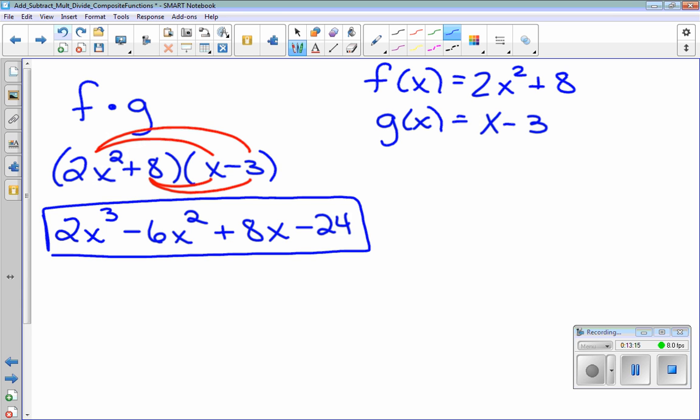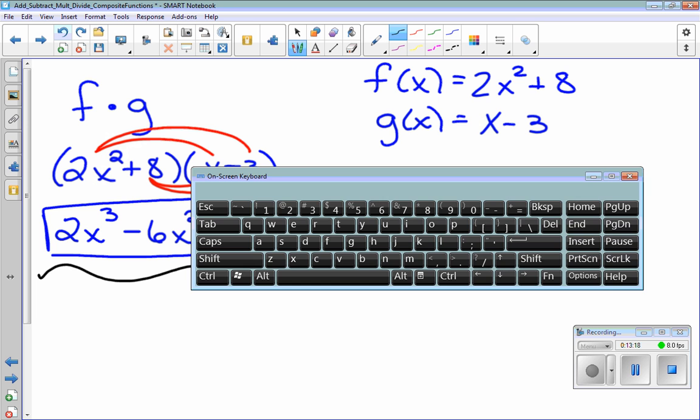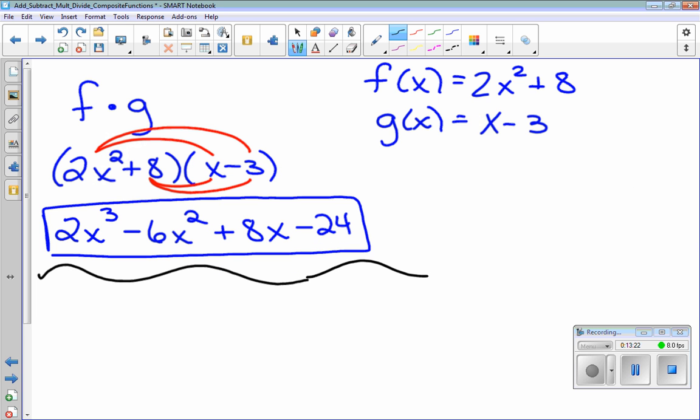The other thing that you can be asked to do, so far we've added, we've subtracted, we've multiplied, what's left? Divide. Okay? So the other thing I could be asked to do is f divided by g. That would be the last thing I would ask you to do.